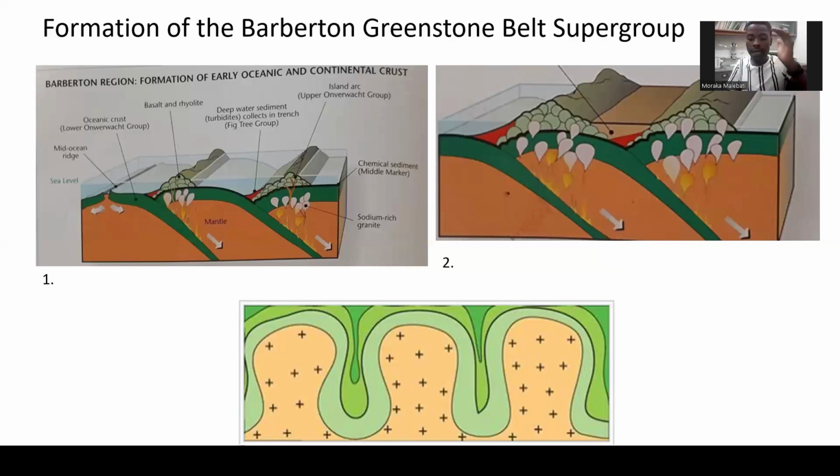The microcontinents came into the picture because we were destroying this oceanic crust, allowing these piled up island arcs, heading towards each other, to collide, amalgamate and thicken the crust, causing what we call the first microcontinents.